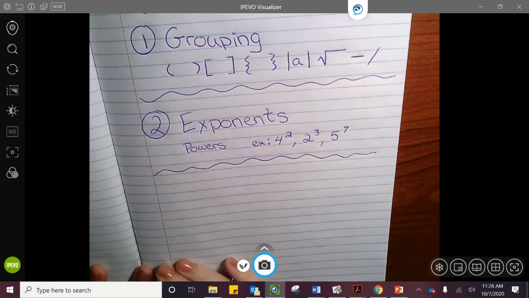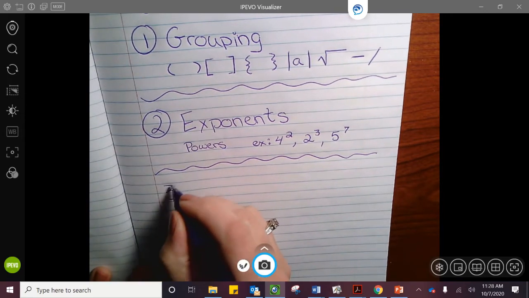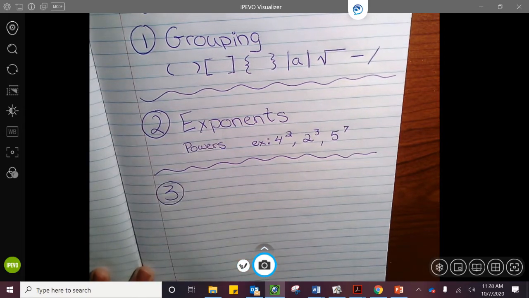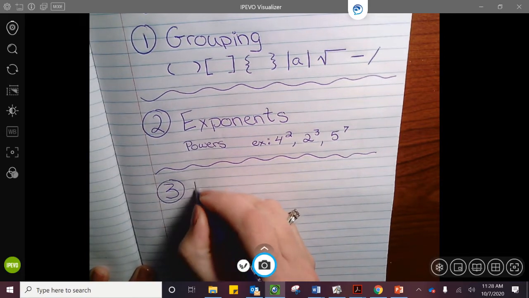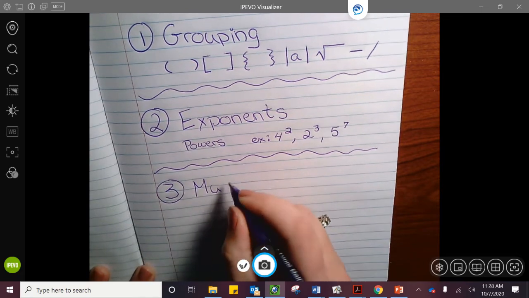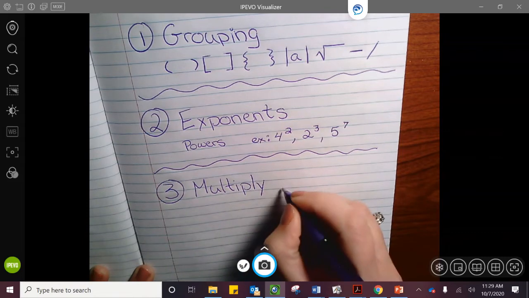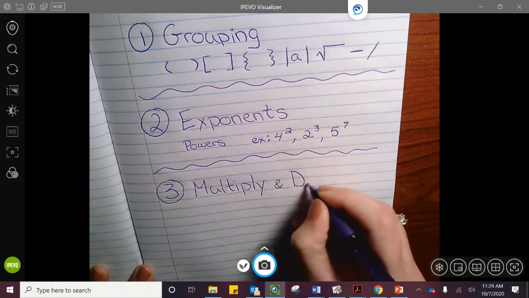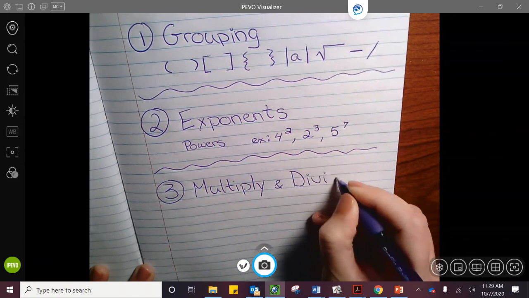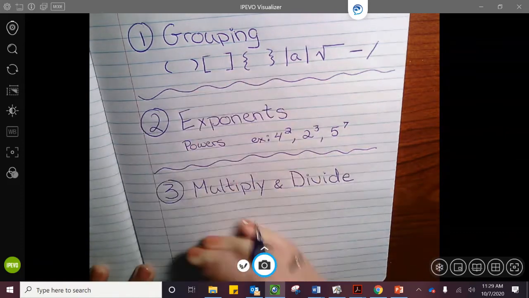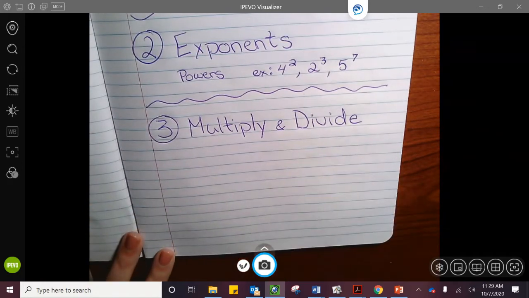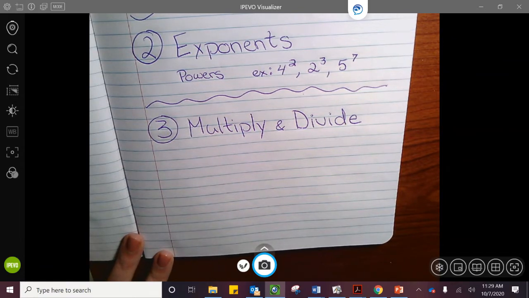And the third and the fourth step should be familiar to you. You've been probably working on this for years, but sometimes we still get tripped up on this. Multiply and divide. And this is why I like to write my order of operations going down vertically like this. Because multiplication and division are the same step in order of operations.